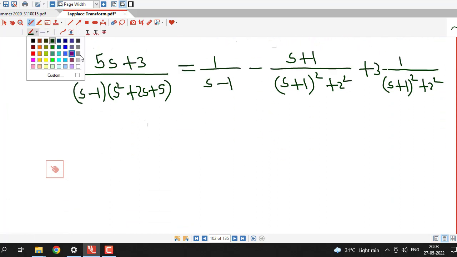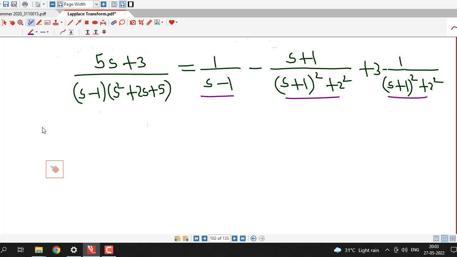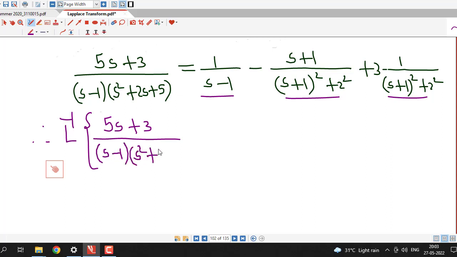Now we have ready-made formulas for all of this. So now we can apply the inverse Laplace transform on both sides. Therefore L inverse of (5s plus 3) divided by (s minus 1)(s square plus 2s plus 5) is equal to L inverse of 1 over s minus 1, which is e raised to t, minus, here we have s plus 1, that we can rewrite as s minus minus 1.